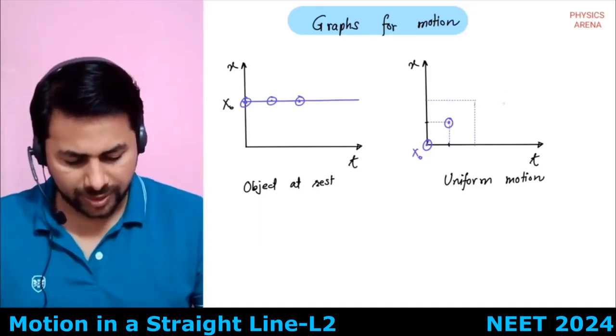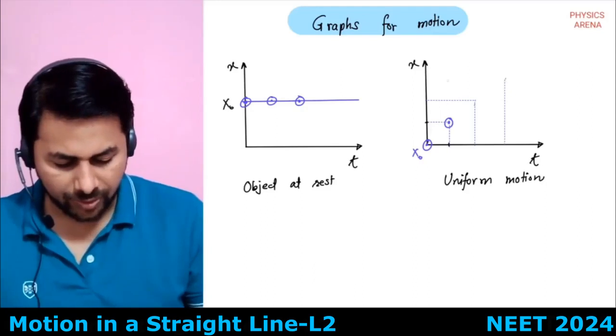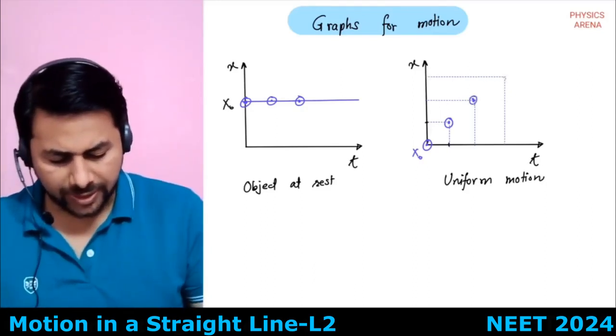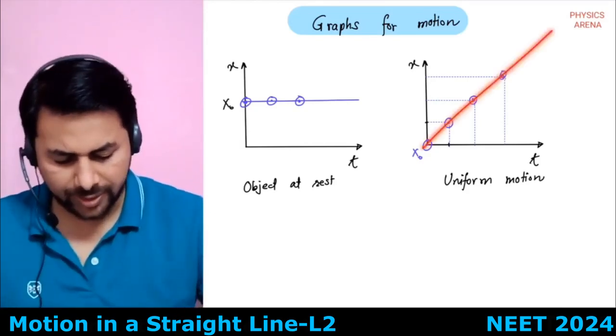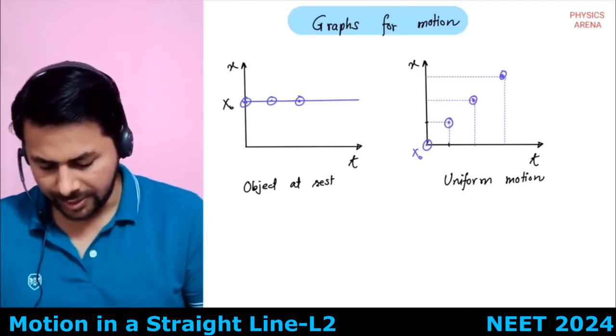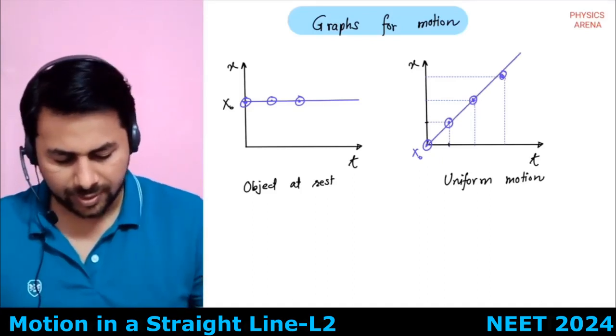For t equals 3, again it will cover the same distance because it is moving with uniform velocity. So you will get these points, and if you join all of them, you will get a straight line like this.